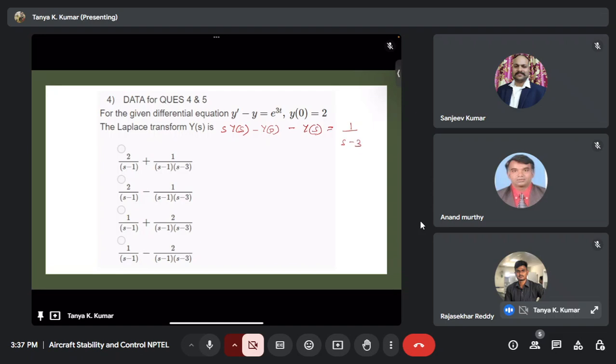Now you simplify it, what do we get? We get s minus 1 y of s, y of 0 equals 1 by s minus 3, plus 2, and you get y of s is.